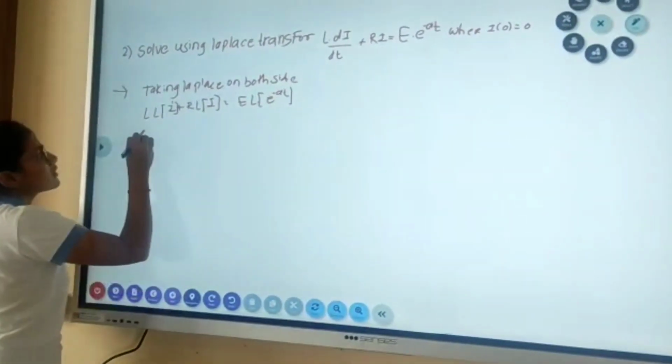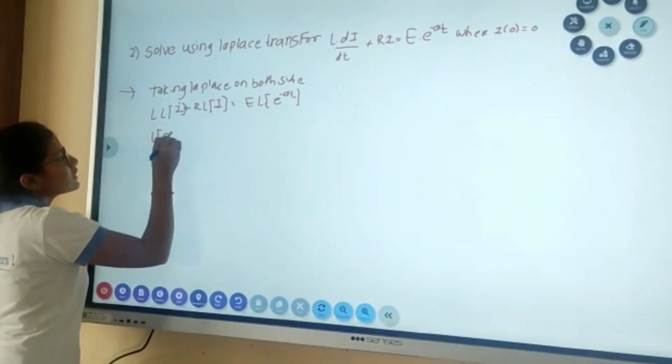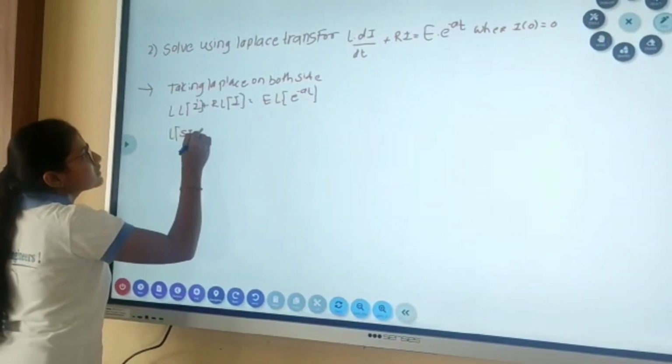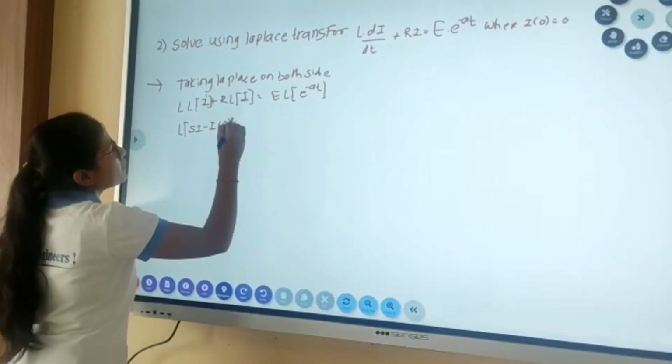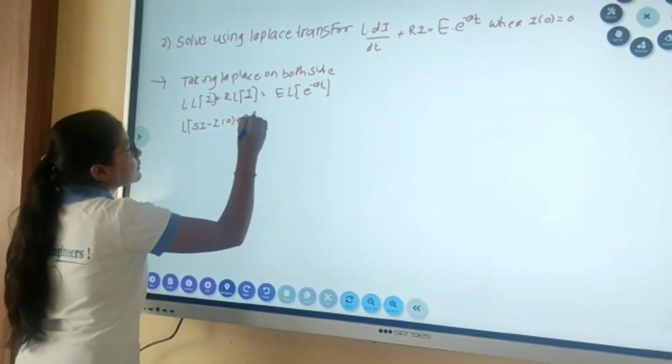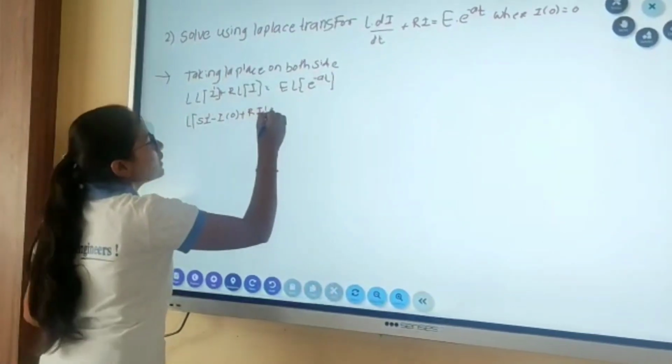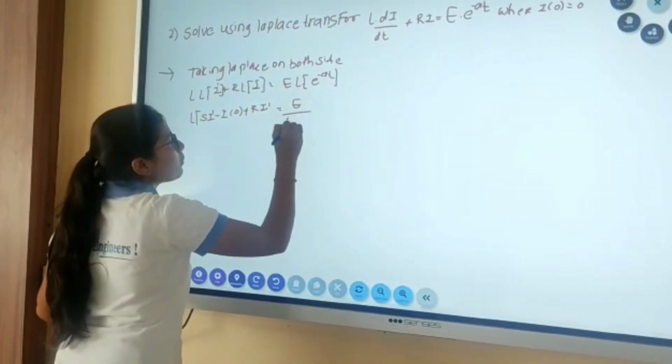Here the equation becomes L into (s I minus I(0)) plus R into I is equal to E into 1 upon s plus a.